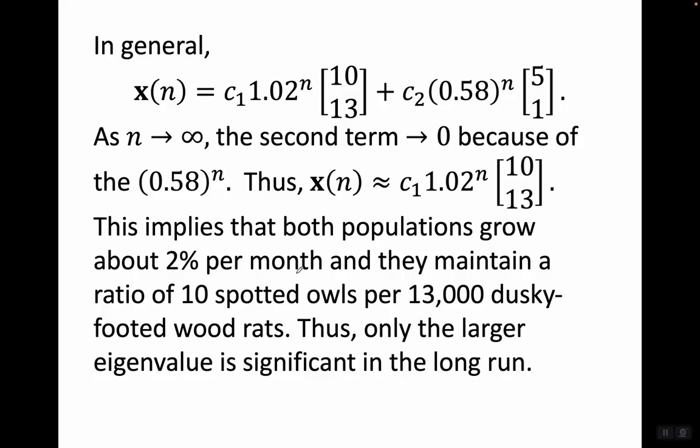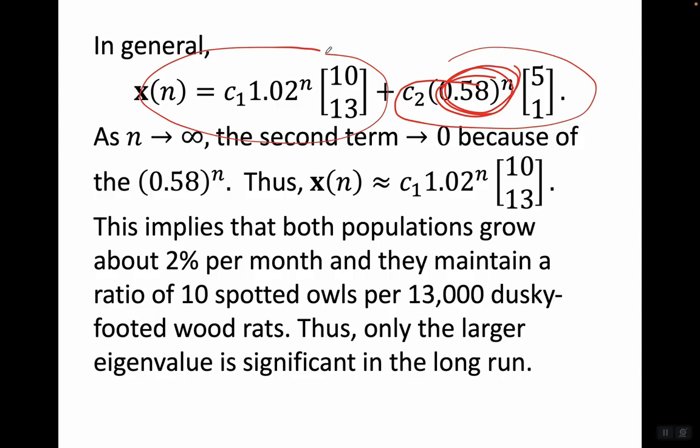As n approaches infinity, the second term approaches 0 because of the 0.58 to the n. As n goes to infinity, this term gets smaller and smaller. It's going to 0. And so x(n) is more or less equal to, it's not exactly equal to, but it approaches c1 times 1.02 to the n times (10, 13).